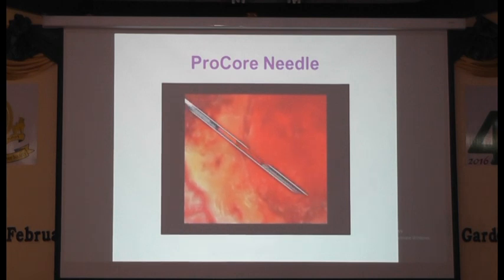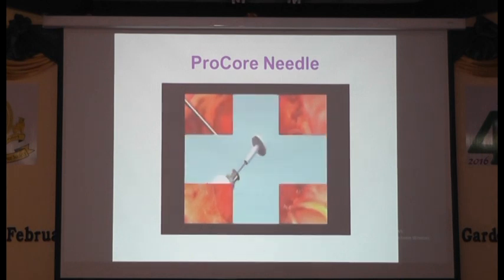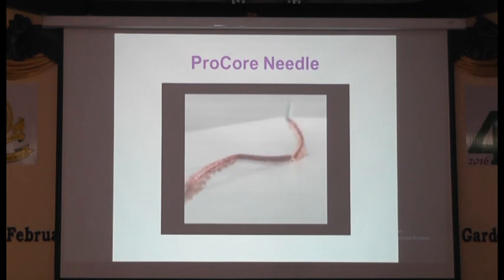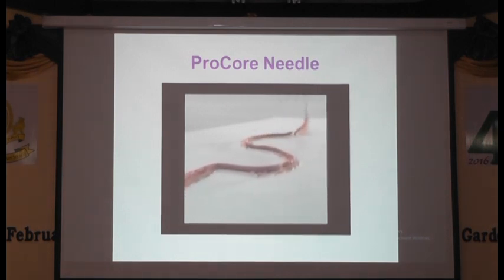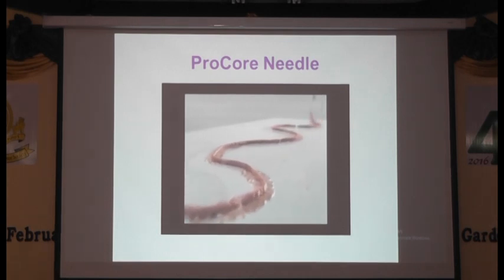When we move the needle to and fro, we can see the tissue is sliced like cheese into the needle. So after removing the needle, if we put the stylet back in there, we can get lots of core tissue. But frankly, I have never got this amount of tissue before.